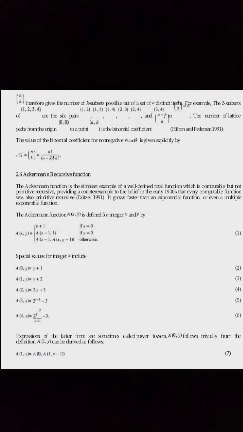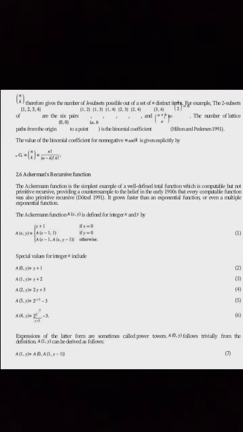For example, the 2-subsets of {1, 2, 3, 4} are the 6 pairs {1,2}, {1,3}, {1,4}, {2,3}, {2,4} and {3,4}, so (4 2) is equal to 6.